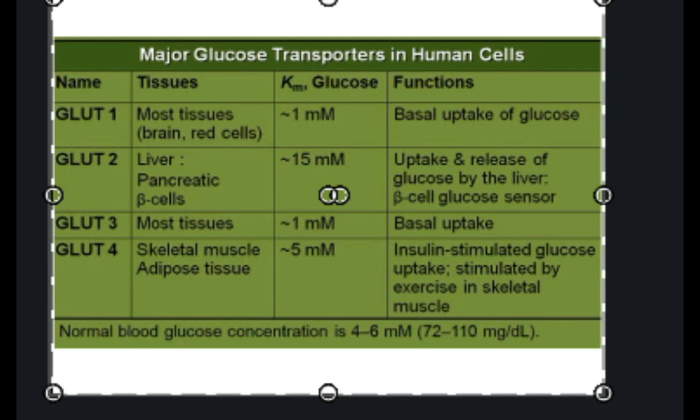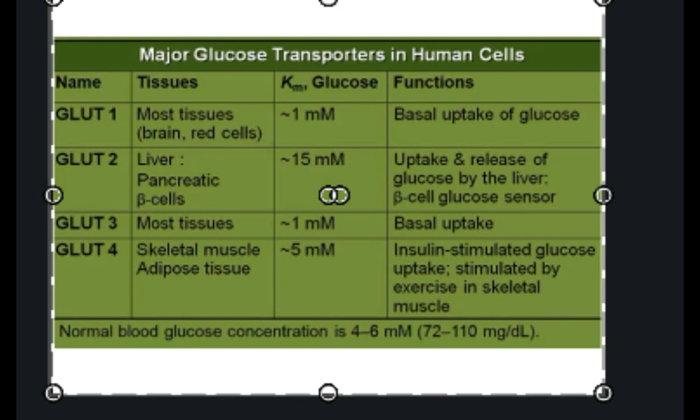It means at the normal glucose level of 5 millimolar, these glucose transporters provide glucose to brain and RBCs at a constant speed, near their Vmax. When Km is 1 millimolar, it means at 1 millimolar it will work at half of its Vmax, and if our blood glucose level is 5 millimolar, then it will work at its peak.